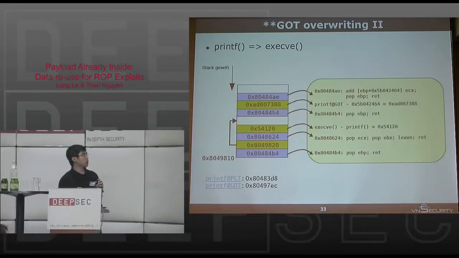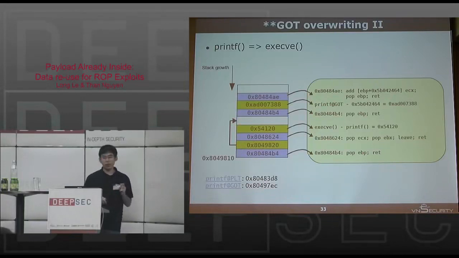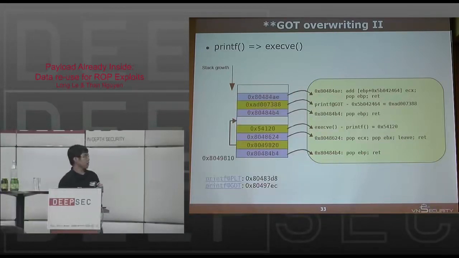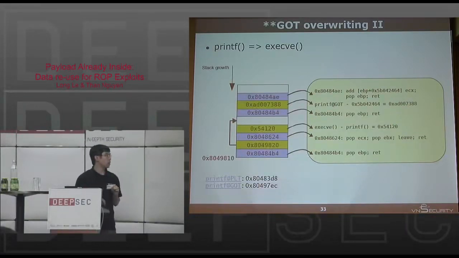In this one, we basically override the printf GOT entry and make it become the address of execve. Here's an example of the payload. This is the address of the printf in the PLT, and this one is the address of the printf in the GOT table.